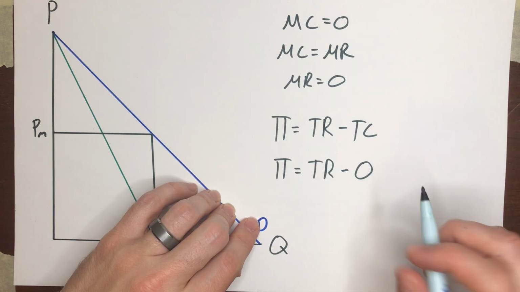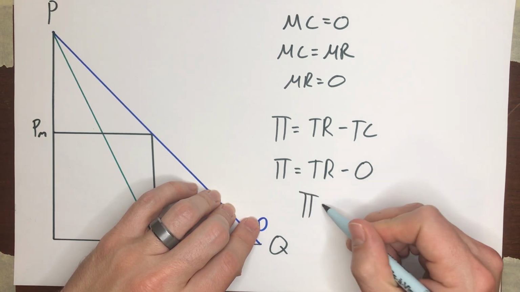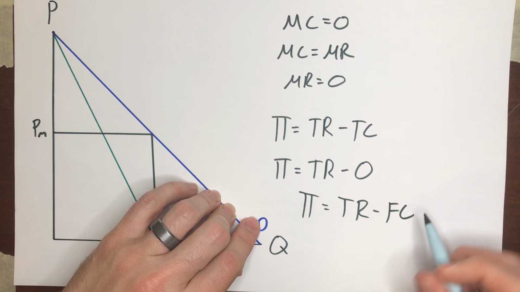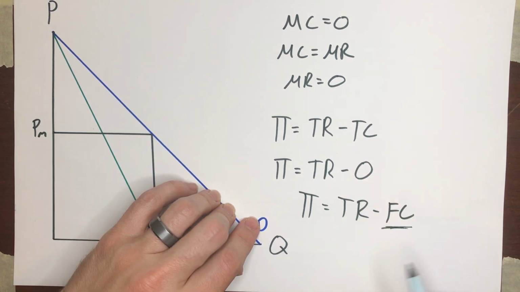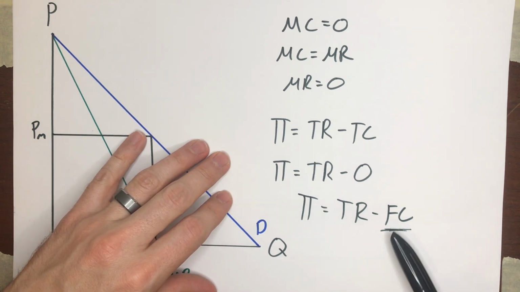Now, what if you allowed there to be positive fixed costs? Well, then you'd have profit is equal to total revenue minus fixed costs. But fixed costs don't change with the level of output, or with the amount of revenue that you generate for yourself. So maybe that's $100,000 or $50,000 or whatever.